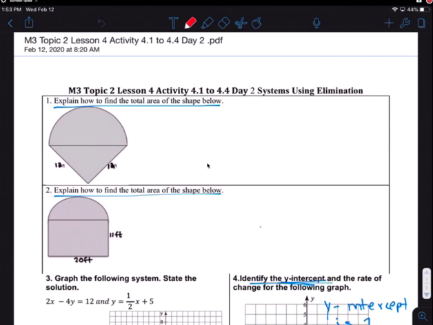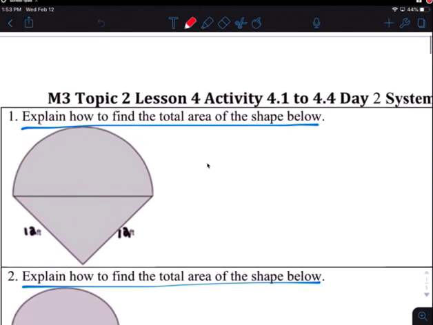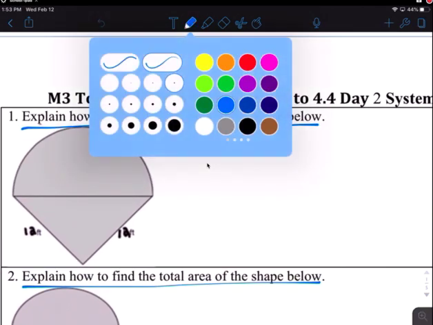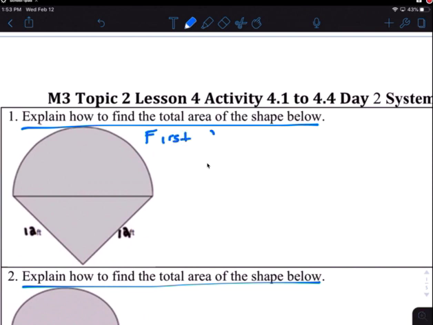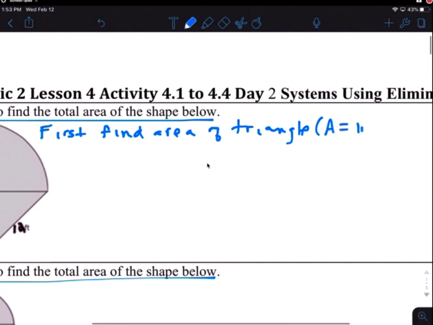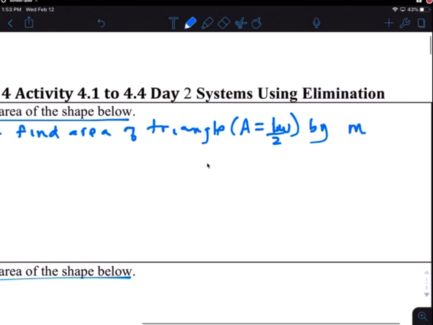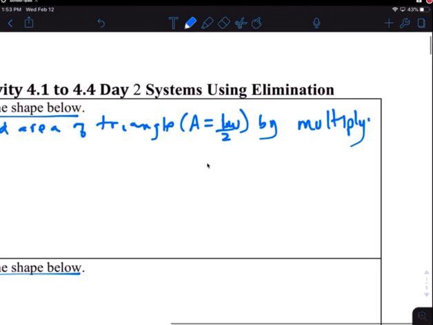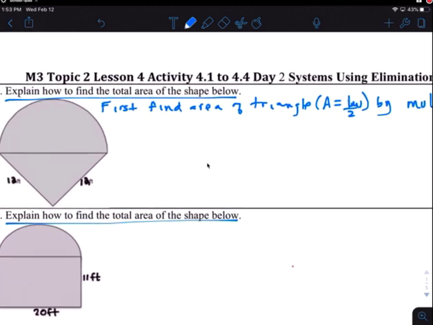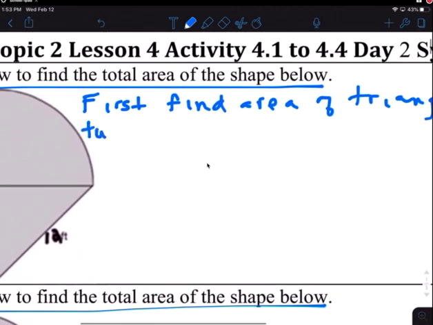Today, let me go over first the area of shaded region, and how to find it. So you need to first find the area of the triangle. That says A equals length times width divided by 2, by multiplying 12 times 12, and divide by 2.